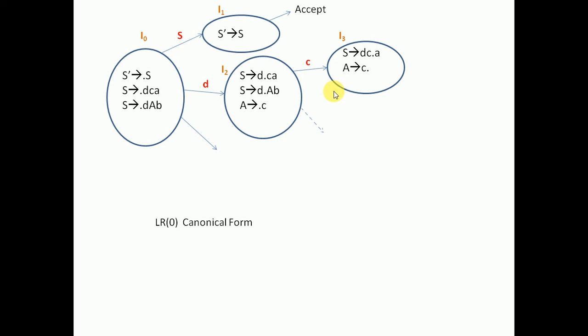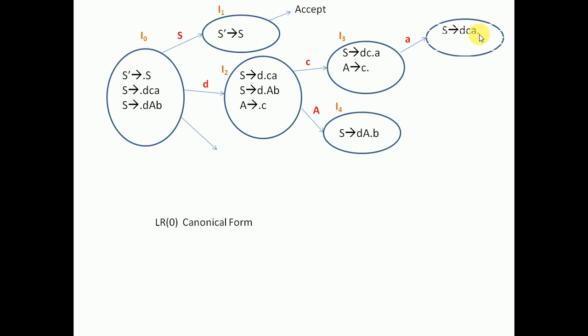Now for the next symbol, create a move over capital A. You will reach S derives d A dot B, which is the I4 state. Now these three are completed. In I3, one item is a normal state, not yet completed, but the second is a complete reduced state. How do you know it is a reduced state? Because the dot is after the entire production, and it reduces to capital A. Now move over small a, where you reach S derives d c A dot.